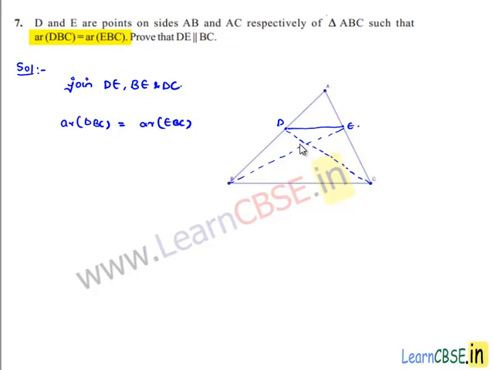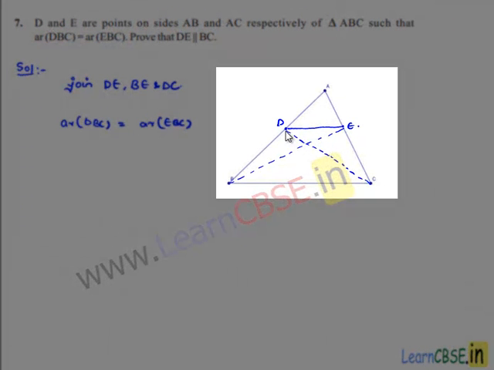Now let us consider triangle DBC and triangle EBC, draw a perpendicular to base BC, that is DX, and also draw another perpendicular EY perpendicular to base BC.